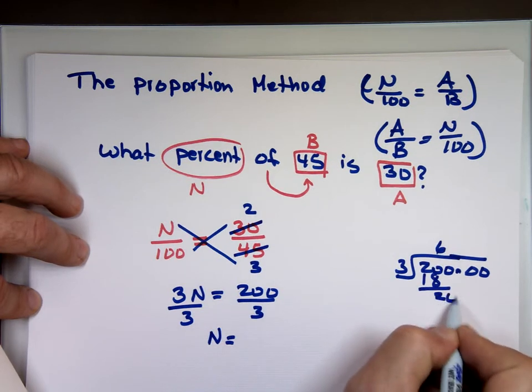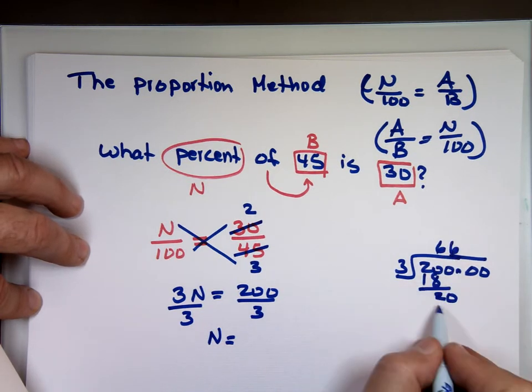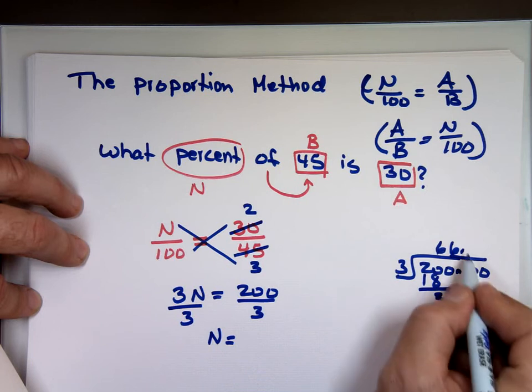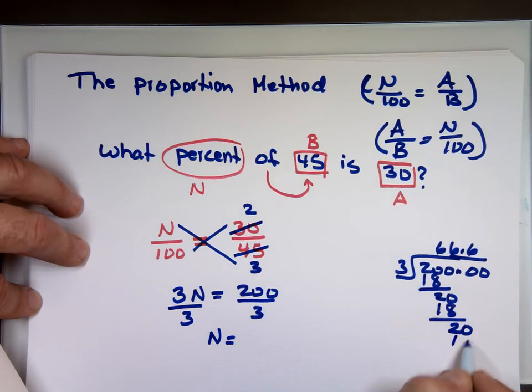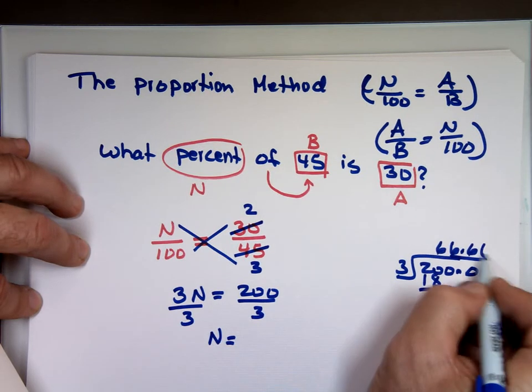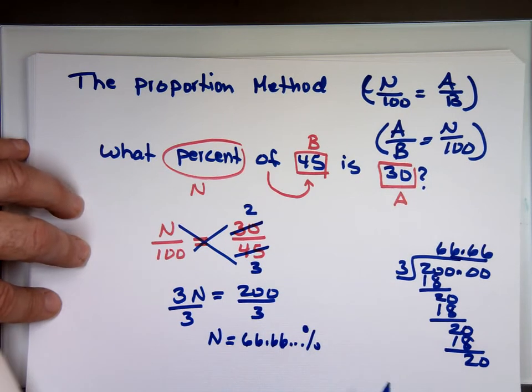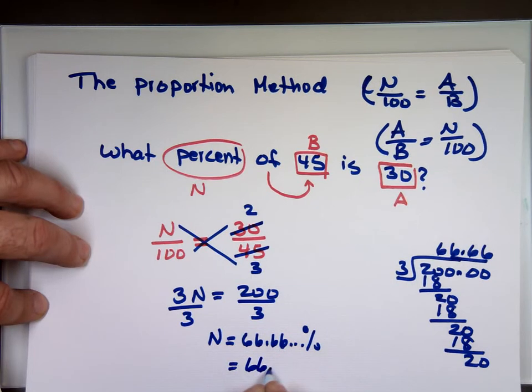Yep, it goes on and on. So we know the number is what? 66.666%. And if they said nearest tenth, then you make that what? 66.7%.